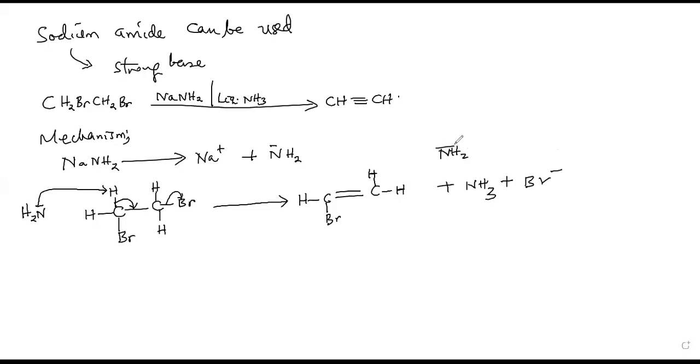When you bring back the amide, you come to the hydrogen, and this bond will create a triple bond here as this bromine goes. So this will lead to the formation of ethine, and the ammonia, and the bromine.